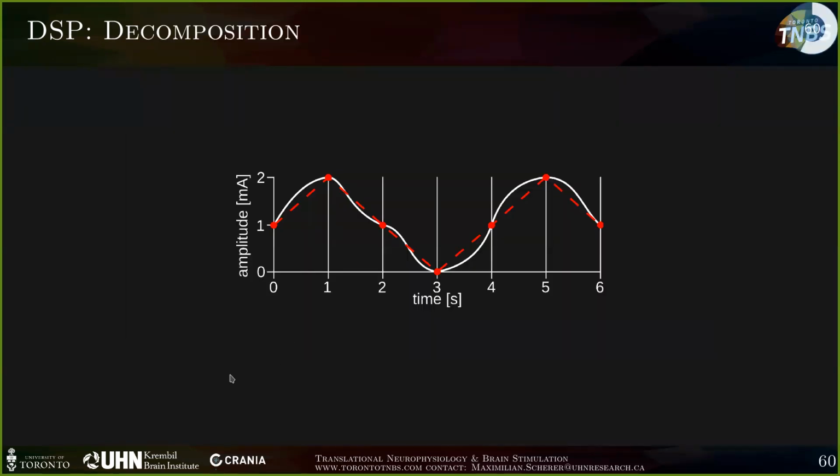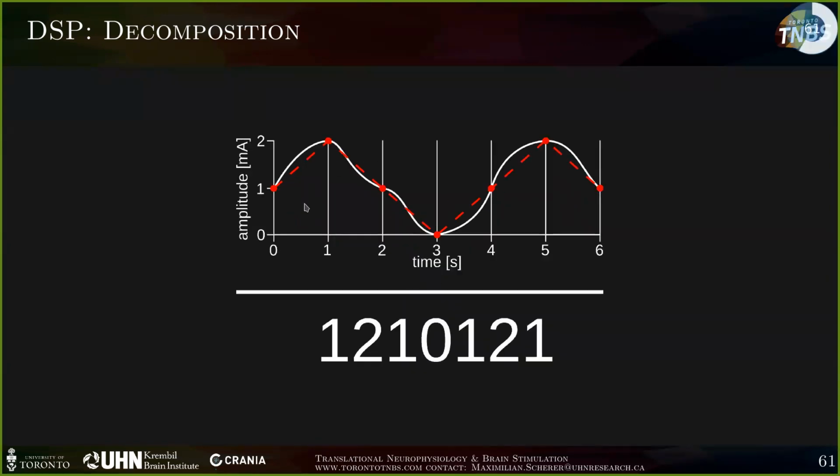To understand that a little better, we have to look into two topics. We have to look into decomposition, because that's what the FFT does. It decomposes our signal into sinusoids. Decomposition is the first, sinusoids is going to be the second, and now we're going to look into both of them.